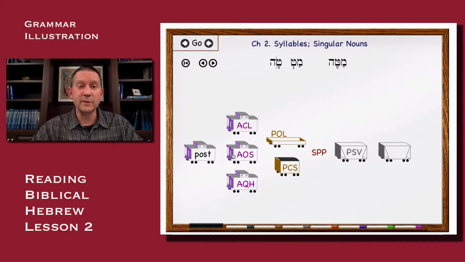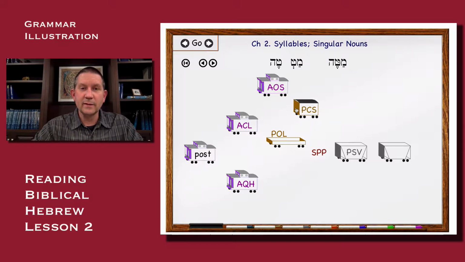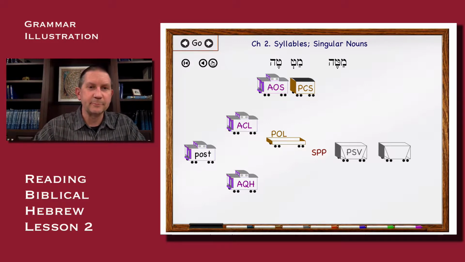This is an open syllable, and segol is short. So we have accented open short here. And what about this? This is ending in a consonant, so it's a closed syllable, and it is pre-tonic, closed, and patach is short. It's always short. So this is our train now. We have AOS and PCS.